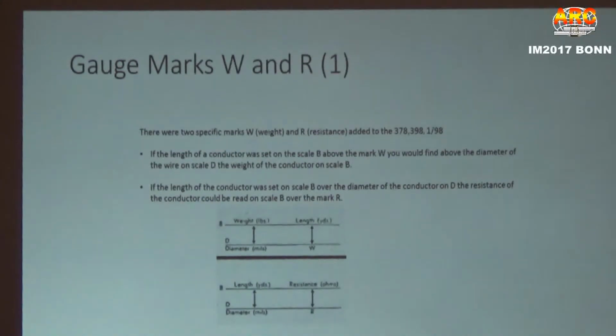But again, you have to see that all these were based on copper, not aluminium, not an alloy of copper, not steel. So they're only specifically for copper. And in the power industry these days, we use aluminium, we use various alloys of copper, we've used steel conductor. So the gauge marks here were of no use to most practicing engineers.